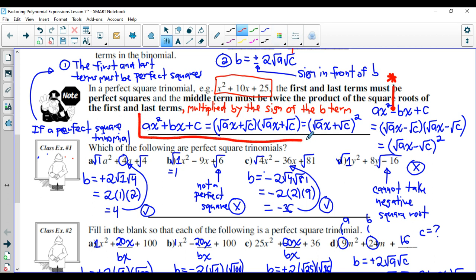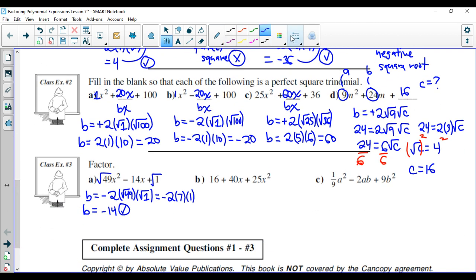Now, if it does that, we can actually use this equation to just simply write down what the factors would be. What the factors would be is the first number is going to be the square root of a. Then we'll have an x or whatever the variable is, plus the second term, which is going to be the square root of c. So if we go over here and do this, the square root of 49 is 7.